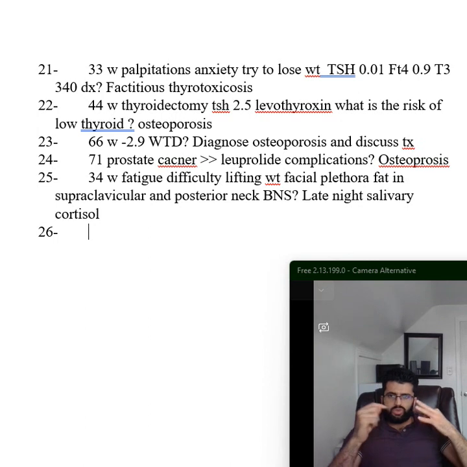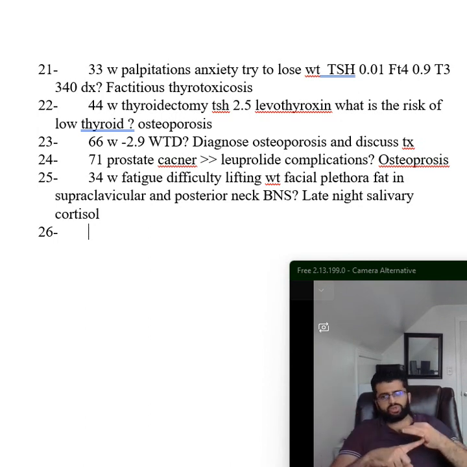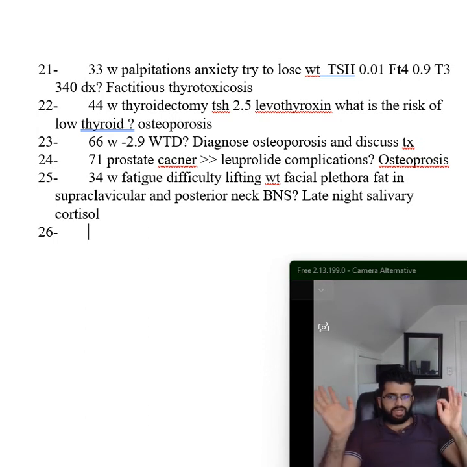So when do you do each? Late night salivary cortisol, anybody older than 60 may have an elevated level, and it's not best for somebody who works night shifts, with erratic sleep-wake cycles. So this is a good one to start with.